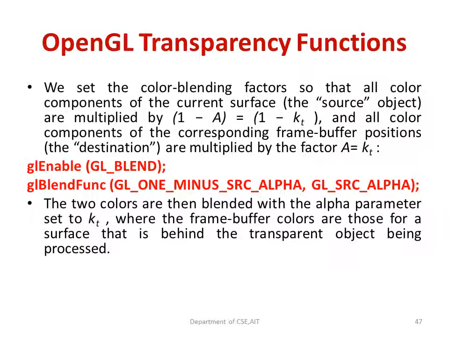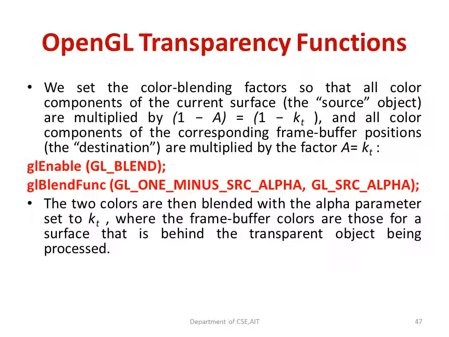So in some examples, you may have to use this API for making some object transparent. In that case, you have to give the values in the GL blend function. And of course, don't forget to enable it by making use of GL enable. Only when you enable it will this property be set. So it depends upon the alpha value.